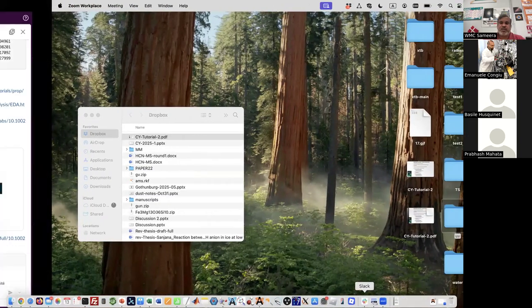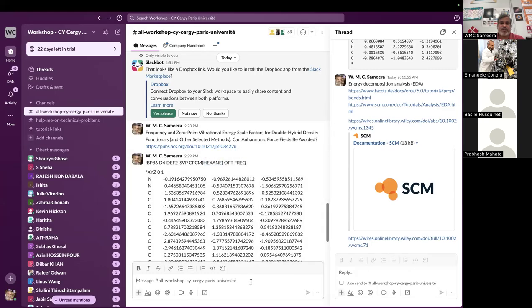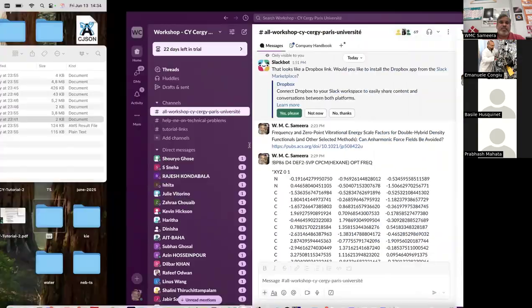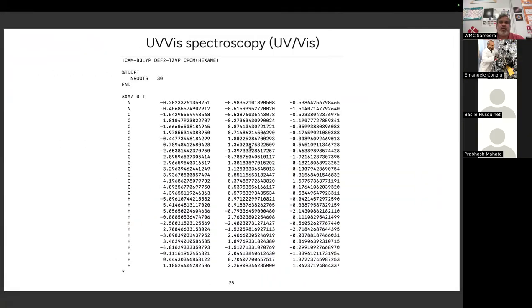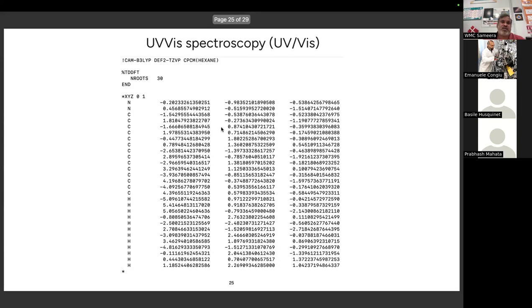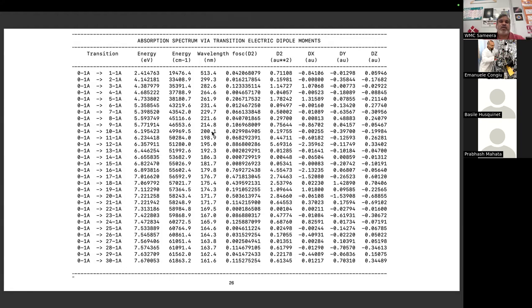I will share it in Slack so you can use it. After the optimization followed by frequency, you get the optimized ground state, and starting from it you can calculate the vertical excitations, and then in the output file you can find the absorption spectrum.